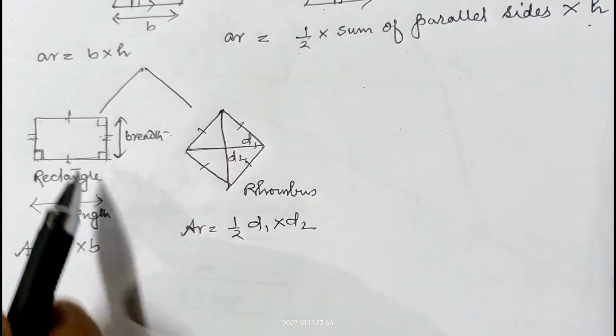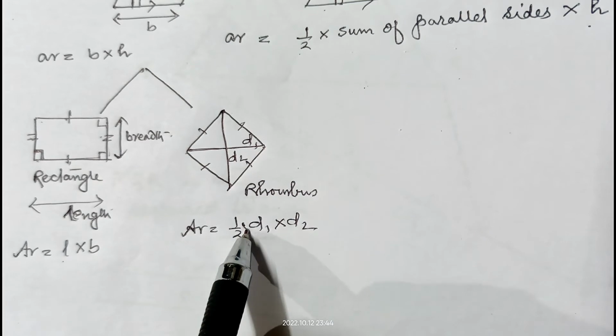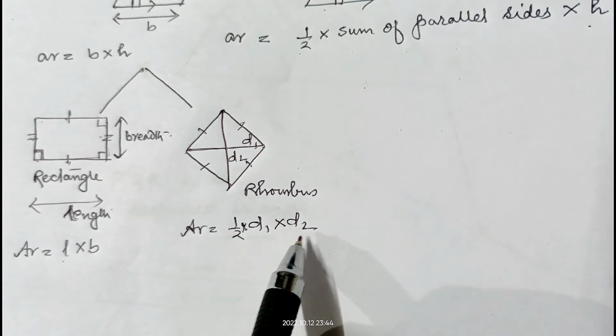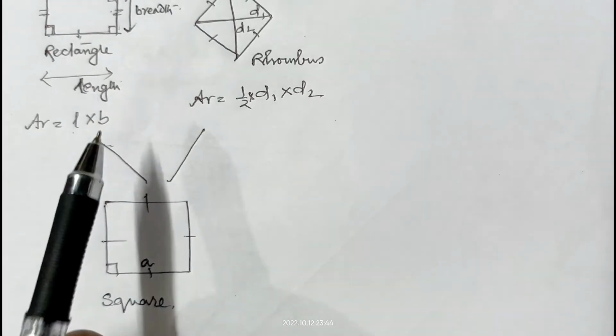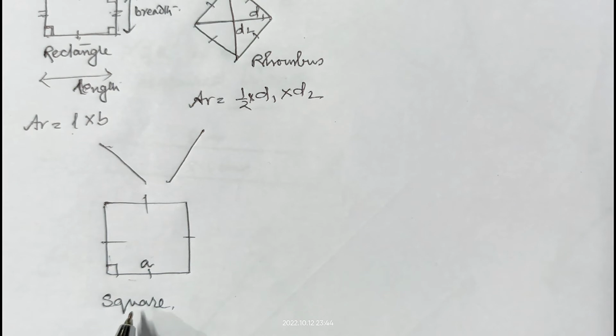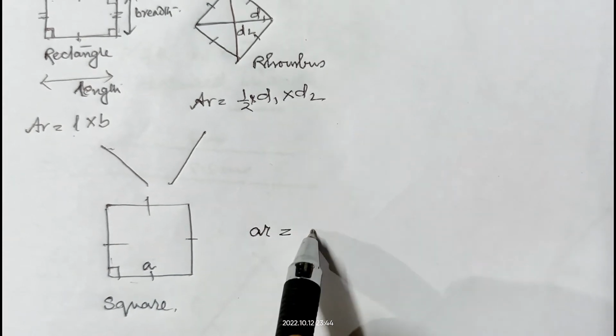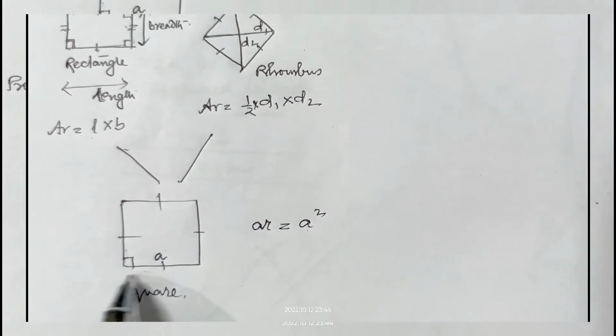So area of a rectangle is length into breadth and area of a rhombus is half into diagonal 1 into diagonal 2. Again, combining these two, we will get another figure that is called a square. A square is a parallelogram in which all the sides are equal and each angle is of measure 90 degrees, and area of a square is side square. So we can write a square, where a is the side of the square.